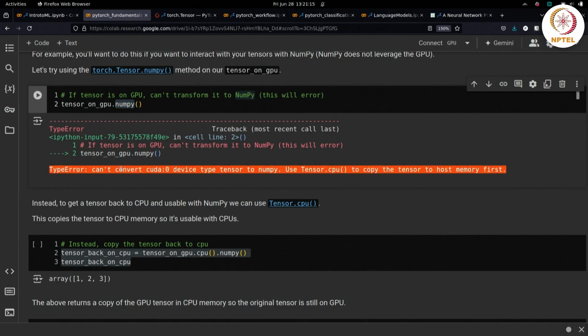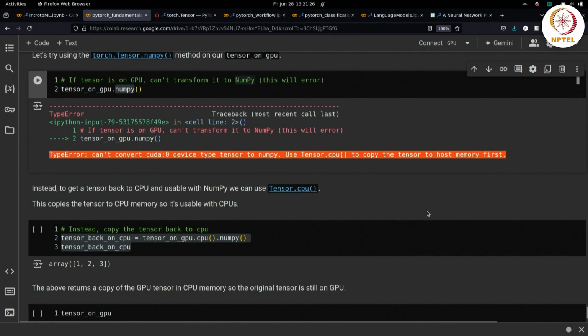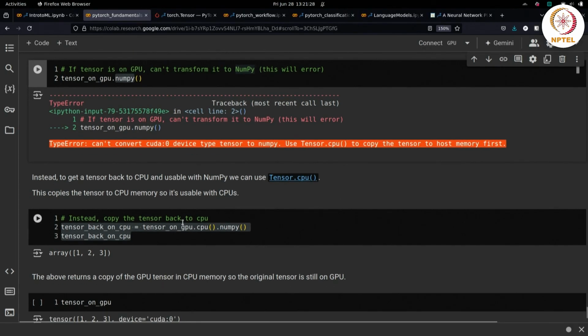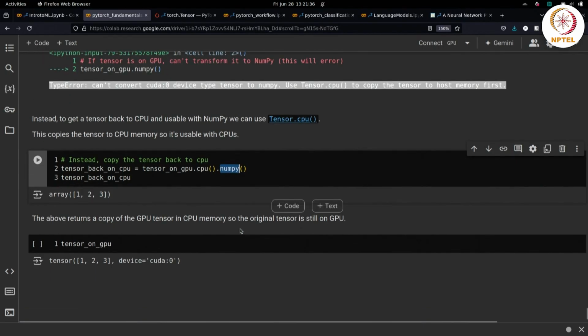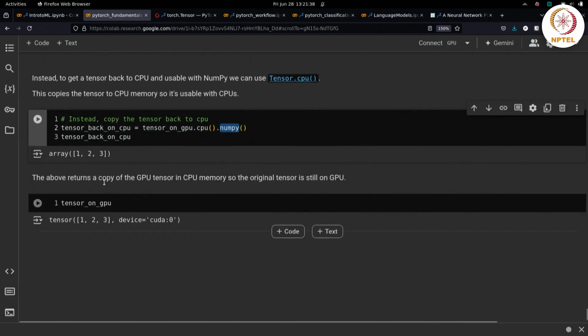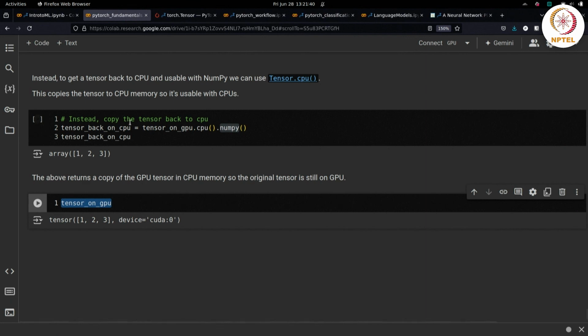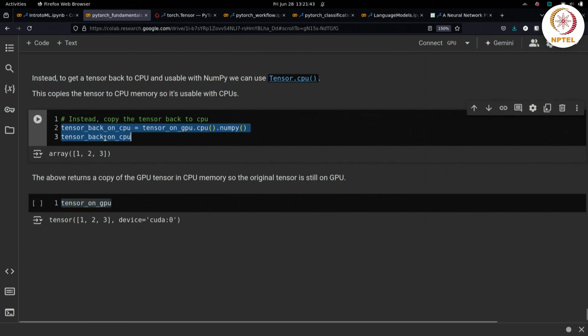Any tensor that is sitting on CUDA can't be converted into NumPy. So you instead use tensor.cpu to copy the tensor to CPU memory first. You're taking a tensor on GPU, bringing it to CPU memory, creating a copy there, and then converting it into its NumPy equivalent, whereas the original tensor is still sitting on the GPU.